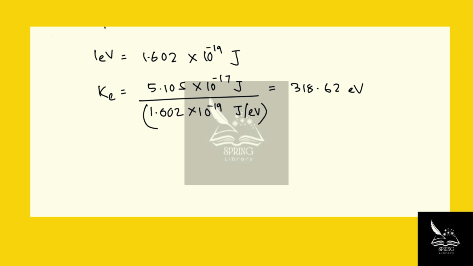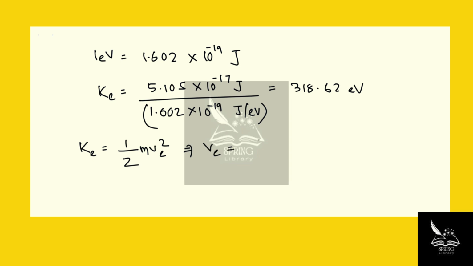Now, in order to find the velocity or the speed of the electron, we know that kinetic energy is half times mass, here the mass of the electron, times speed squared.